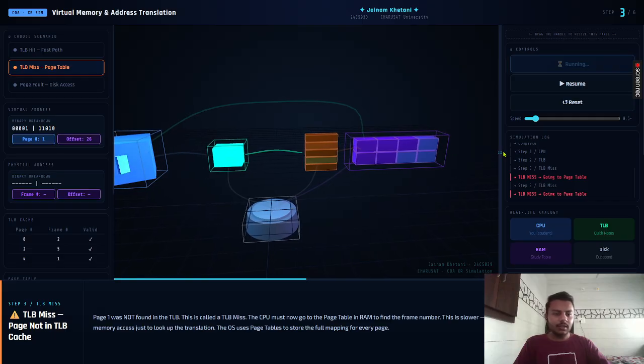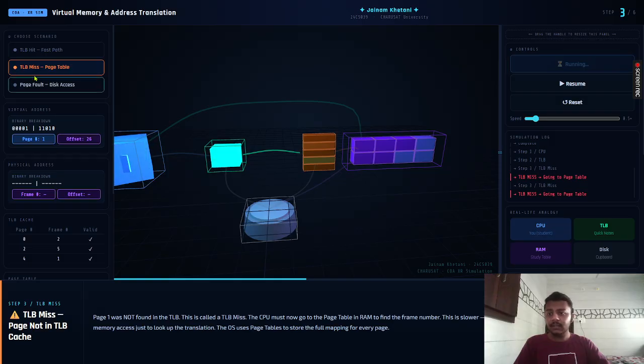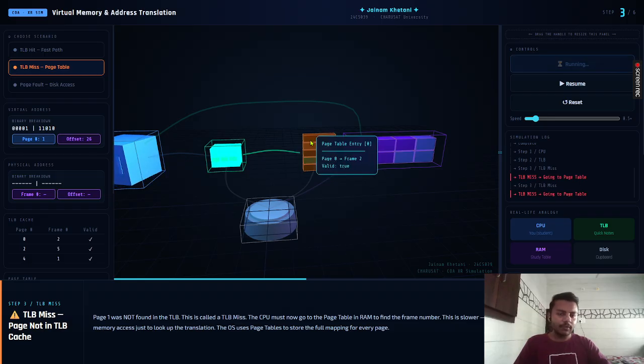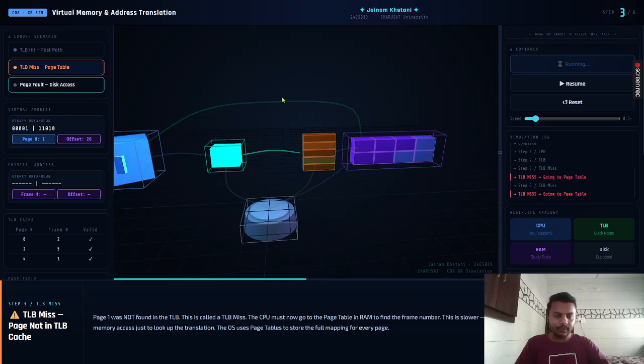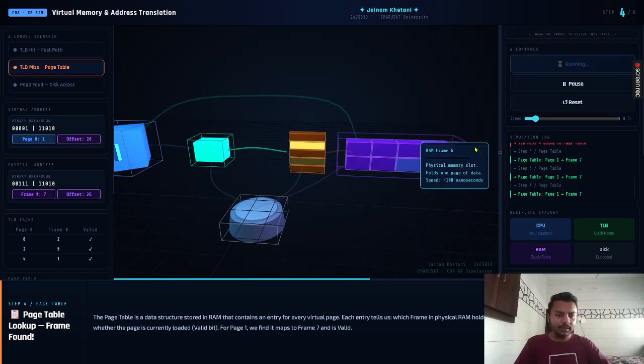Now there are two cases possible. If the page table has that data, then it will come under the second scenario, the TLB miss case. If the page table doesn't have it, then we will look further. It is the third case, our page fault case. So here, the TLB miss occurred. Then the page table.